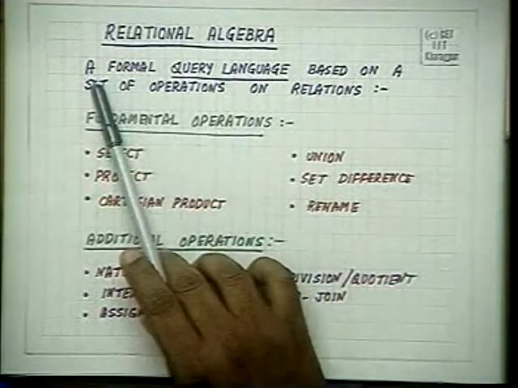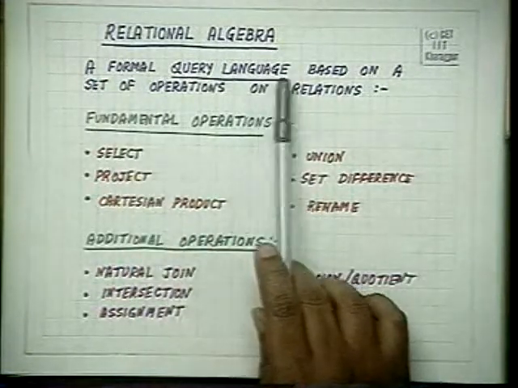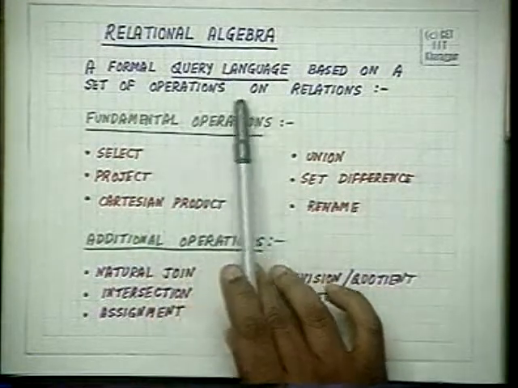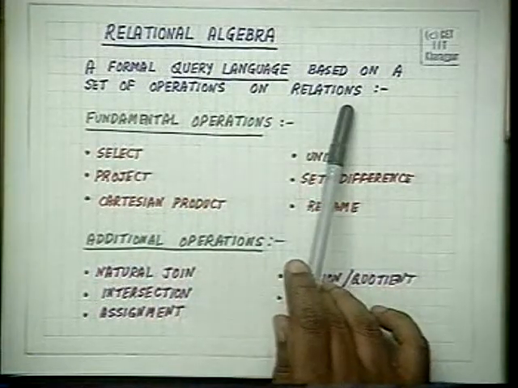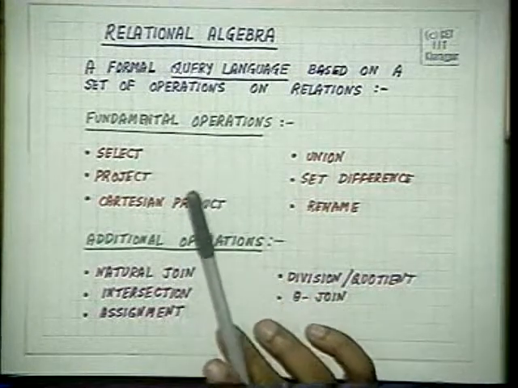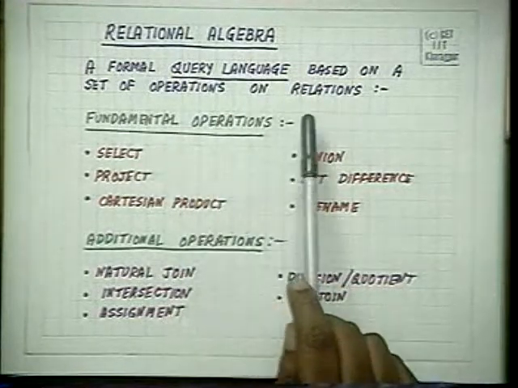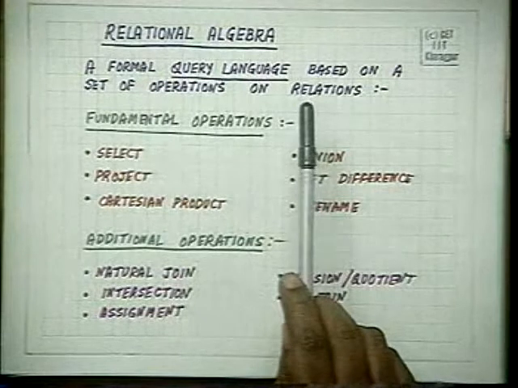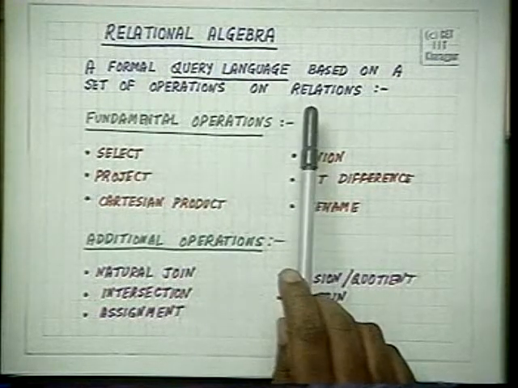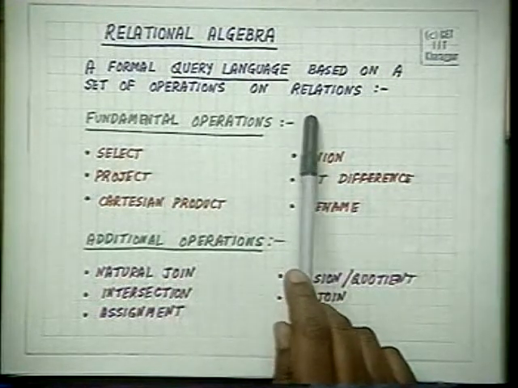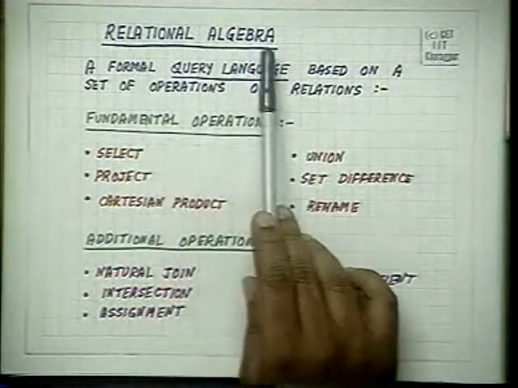A relational algebra is a formal query language based on a set of operations on relations. A set of few operations are defined on relations, and based on these relations and a combination of these relations, we have what we call relational algebra.